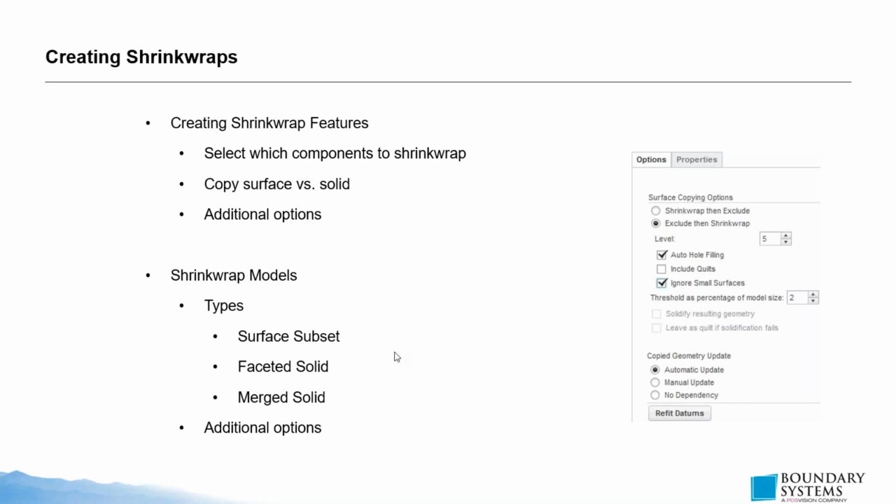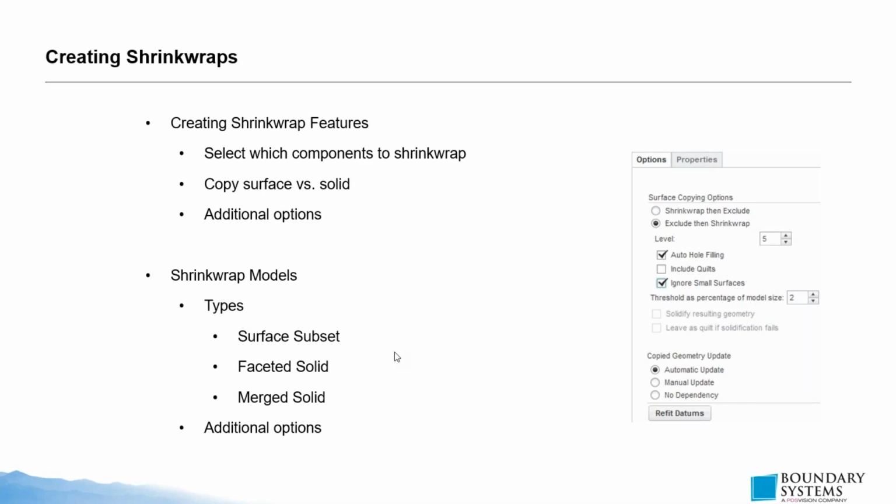Faceted solid essentially starts with a rectangular box, and as it gets more and more accurate, it will add sides to that box and kind of conform to the geometry you're making a Shrinkwrap of.